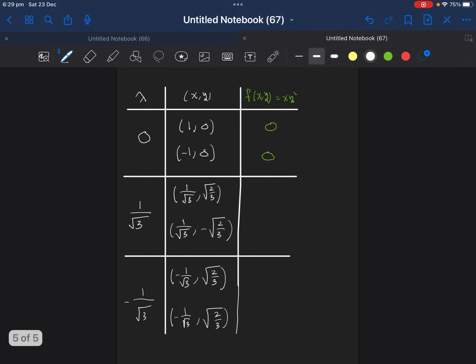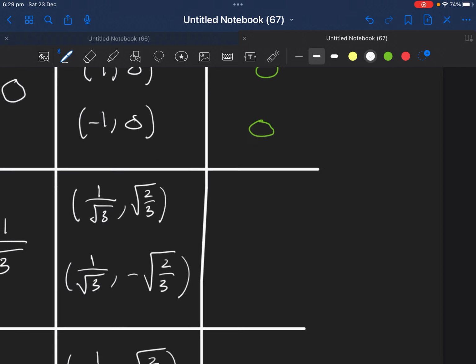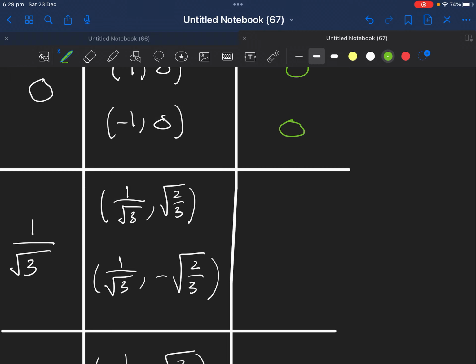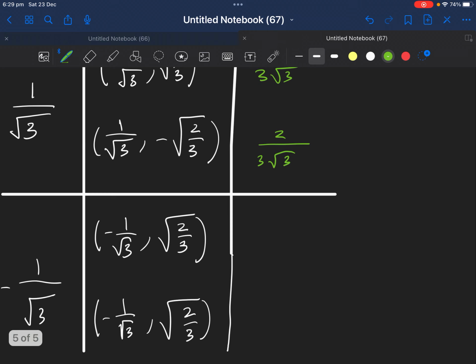Now if we substitute here, x is this one, y is this one. I think the first one, what we will get from the first one is 2 over 3 square root of 3. Now the second one, I think will be the same because there is a... and for this one will be negative 2 over 3 square root of 3.